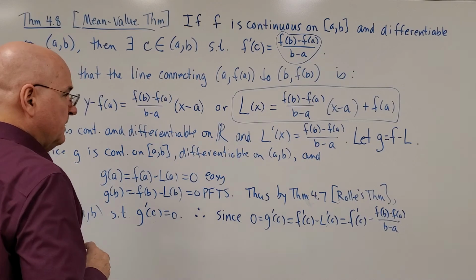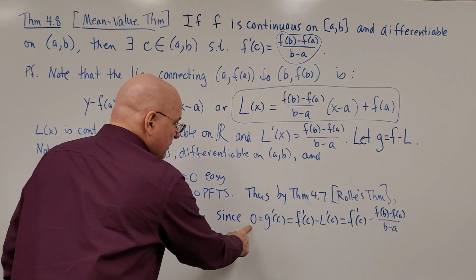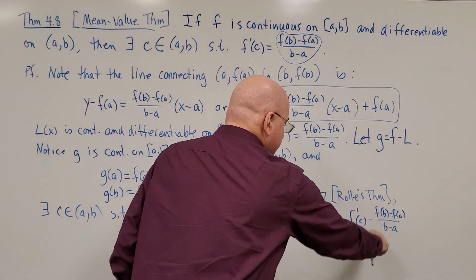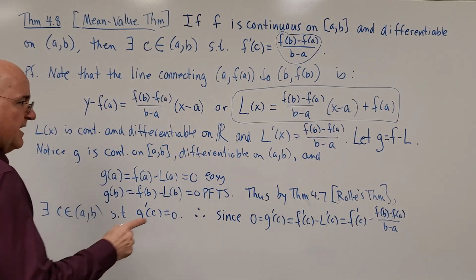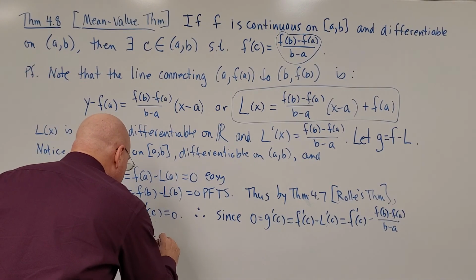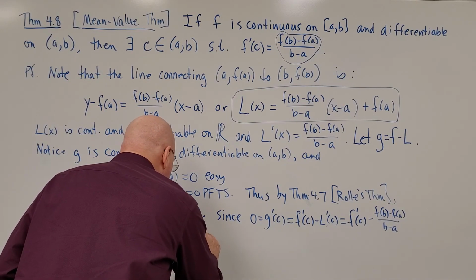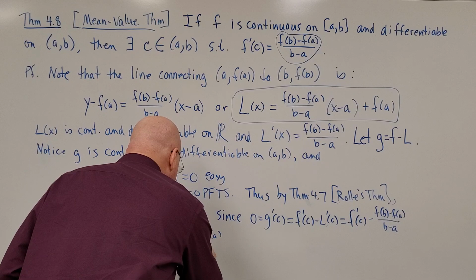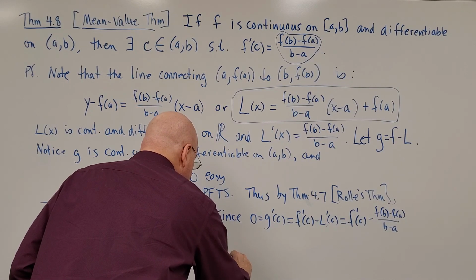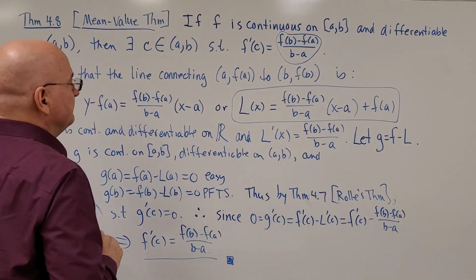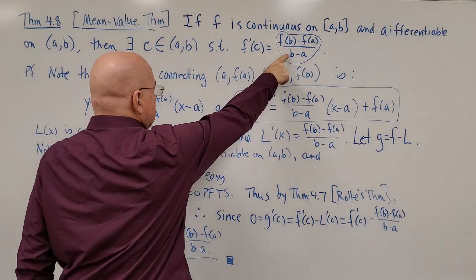And that's obviously equal to 0. So to finish it off, I'm just going to say that implies that f prime of c is equal to f of b minus f of a all over b minus a. And that's what we tried to prove. We found the c such that f prime of c is equal to exactly that.